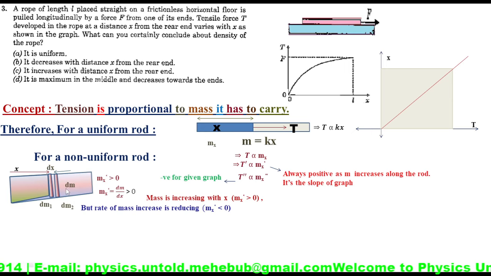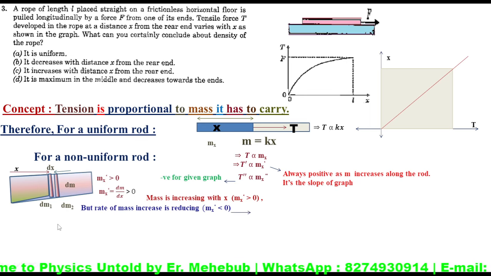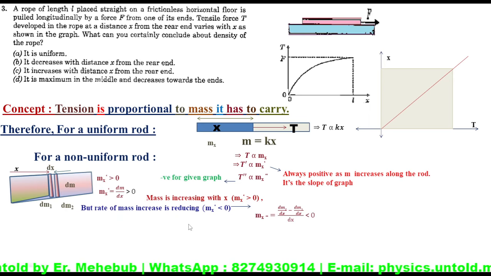If the total length is decreasing from the rear end, then we can say the mass of this dm2 is less than the mass of this dm1. So the rate of mass increase is reducing, or it is decreasing.